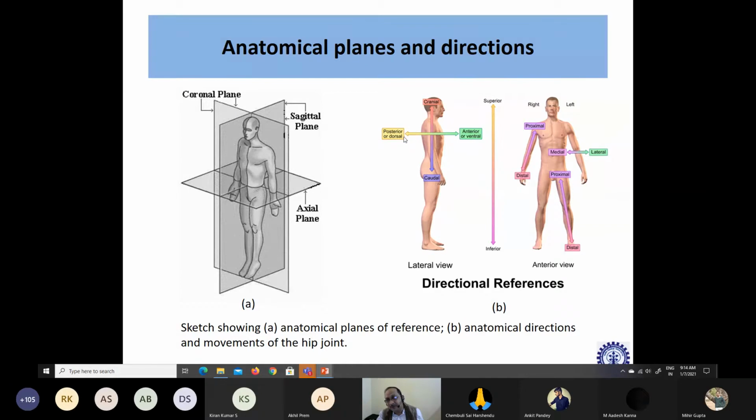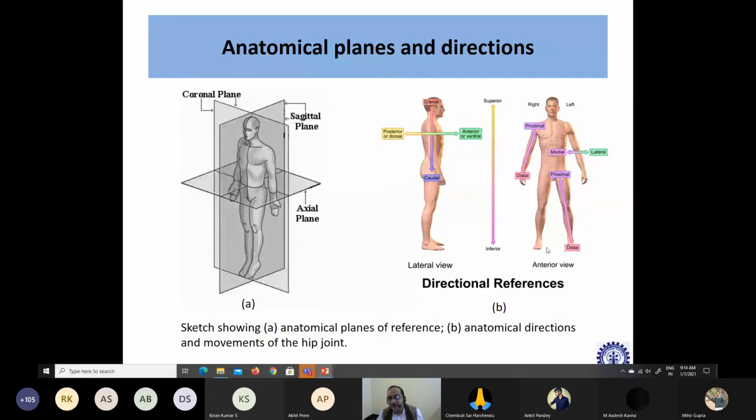Apart from anterior and posterior, clinicians also sometimes say ventral or dorsal. And towards up is cranial, towards down is caudal. So these are terms which you might come across at different levels. These are typically clinical terms, how they define an object within space.